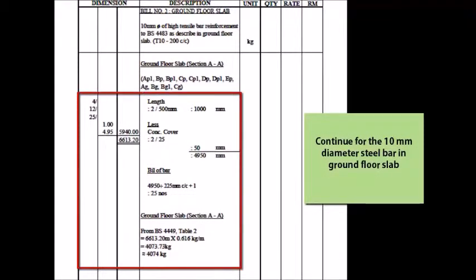Then, we will get the total bars placed in the slab at the location of AP. Now here will be the continuation of the calculation of 10 mm steel bar inside the ground floor slab. Refer back to the steps as shown for the previous calculation.